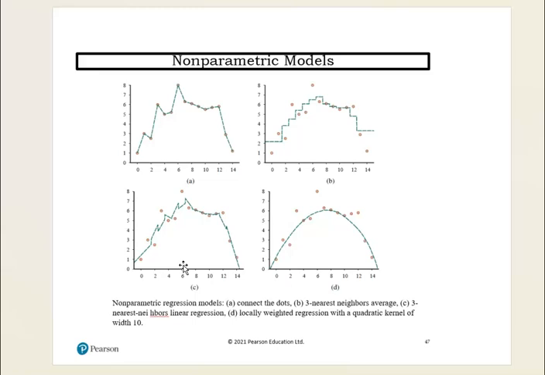You have to choose the right distance measure. And number two is how many neighbors you use in making your prediction. Now, if you look at figure D, we did what we call a locally weighted regression, which gives us the advantages of nearest neighbor, but as you can see, no discontinuity in that case.